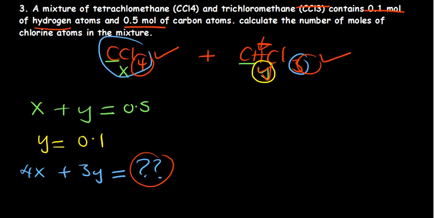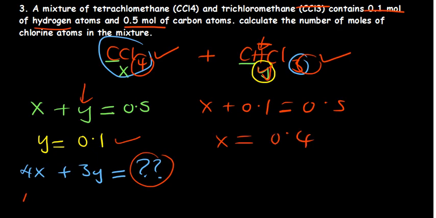The value of y, do we already have it? So we can substitute in the first equation. x plus 0.1 is equal to 0.5. x becomes 0.4. So we can substitute in the final equation 4 times 0.4 for the x, and 3 times 0.1 for the y. That should give us a final answer.